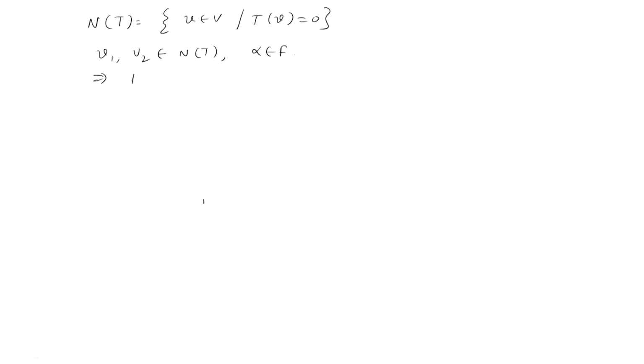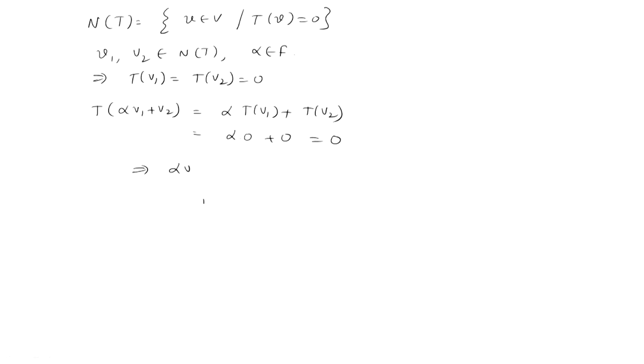Now, this implies T of v1 is equal to T of v2 equal to 0. So, now take T of alpha v1 plus v2. Since T is a linear map, it is alpha times T(v1) plus T(v2). So, it is alpha times 0 plus 0, which is equal to 0.